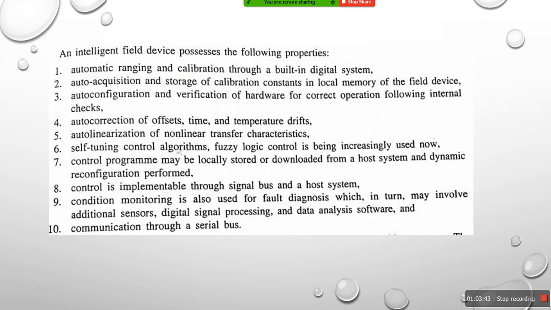And control is implementable through a signal bus and a host system. And condition monitoring is also used for fault diagnosis, which in turn may involve additional sensors, digital signal processing and data analysis software, and communication through a serial bus. So if you want to implement smart sensors, then that particular intelligent device should have all these following properties.